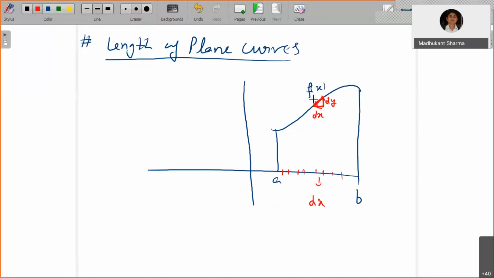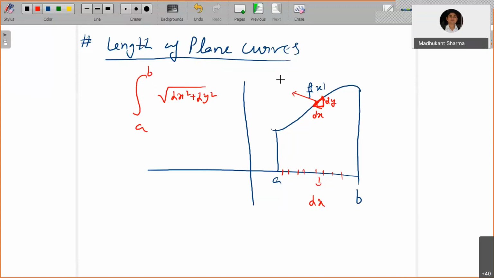So certainly you can identify this length is the square root of dx square plus dy square. And if you integrate it over the interval a to b, this integration will give you the length of this curve. Okay, now you can fix accordingly, depending on whether the curve is y equals f of x or x equals f of y.